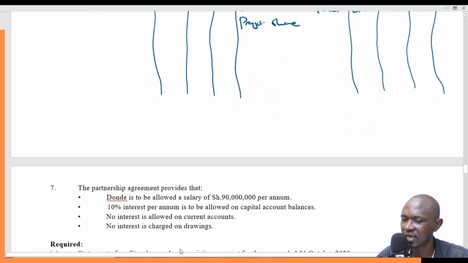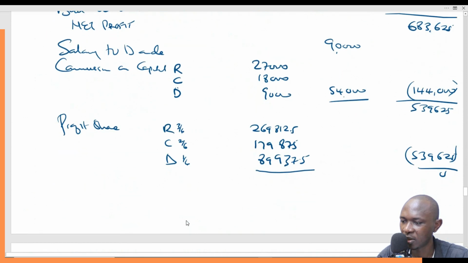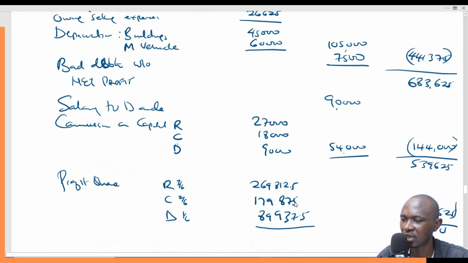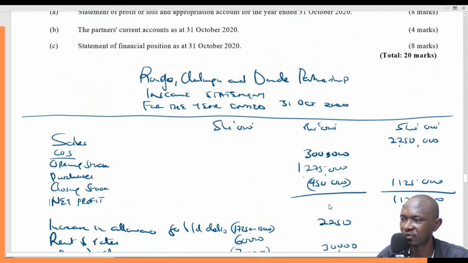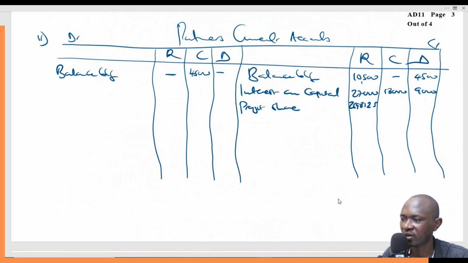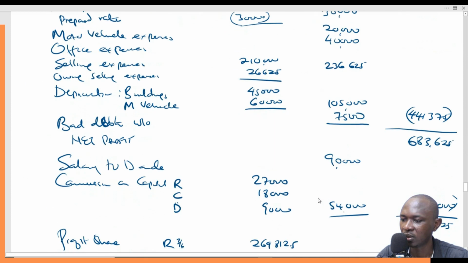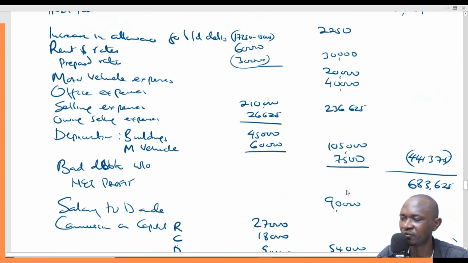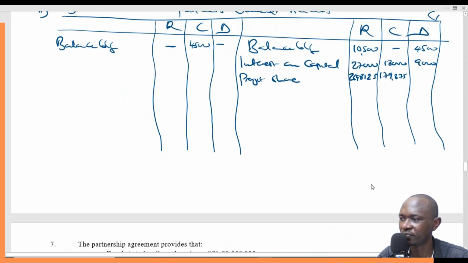Then we have profit share. We have the figures here clearly laid out for us. We've already worked them out: 269,812.5, 179,875, and lastly 89,937.5.